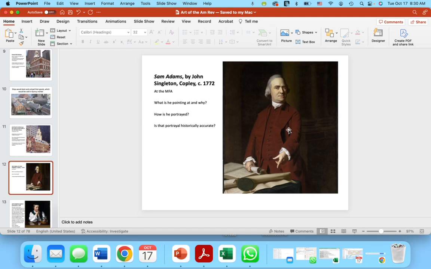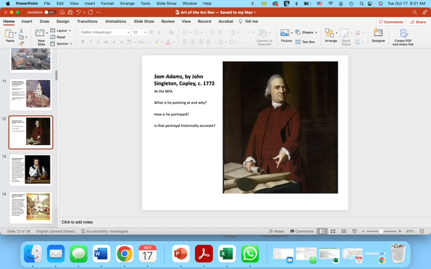The proportions are a little bit off because, again, the face was painted live when busy Sam Adams had time to sit for a portrait, and then the painter would go back to his studio and finish it. But also, Sam Adams was a pretty ugly looking guy and wore some pretty basic clothes. So, this could be accurate.